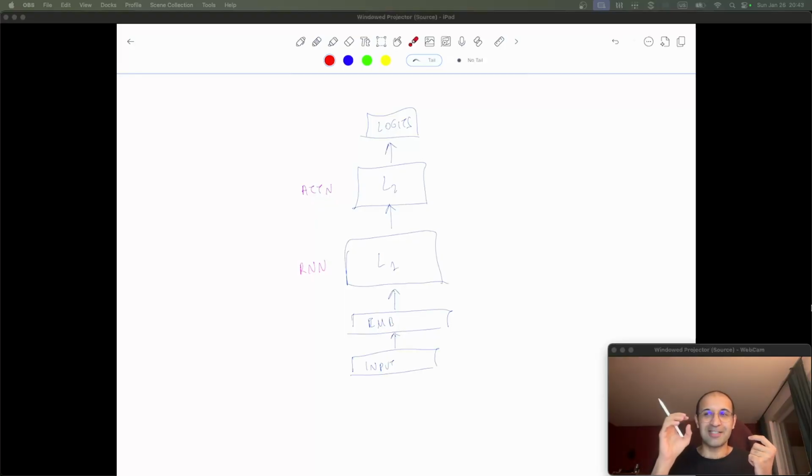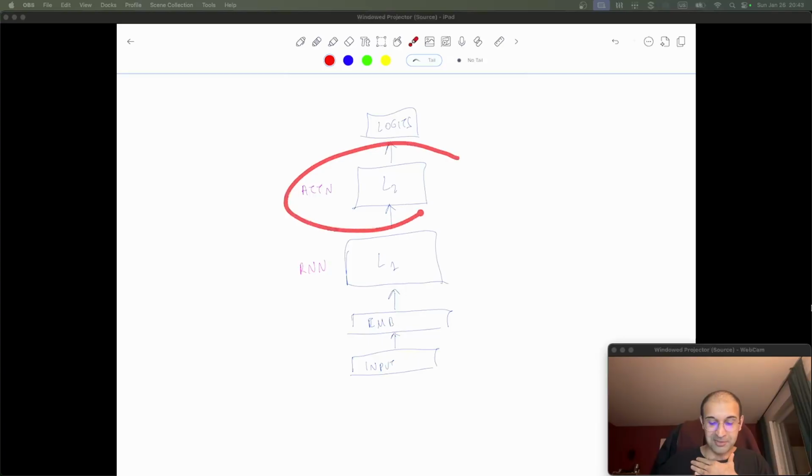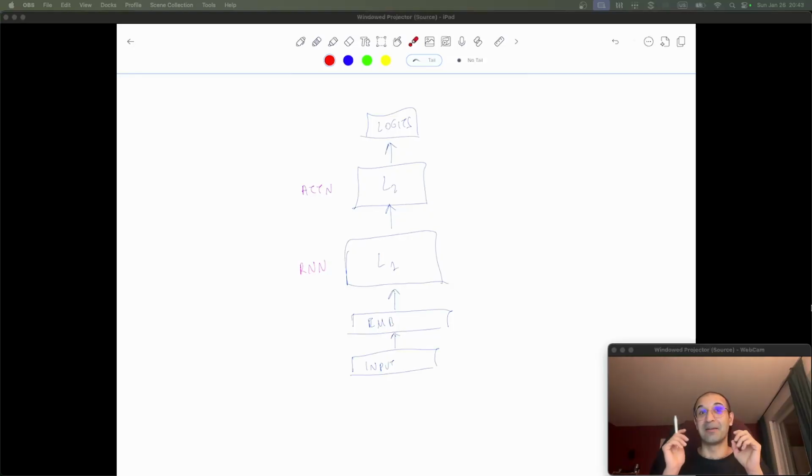The recurrent neural network will be forced to compress the information in such a way that the attention can use it, and the attention will be forced to extract whatever information is in this compressed state made by the recurrent neural network. This is good. When you train it, the loss decreases and you see that it performs quite well.